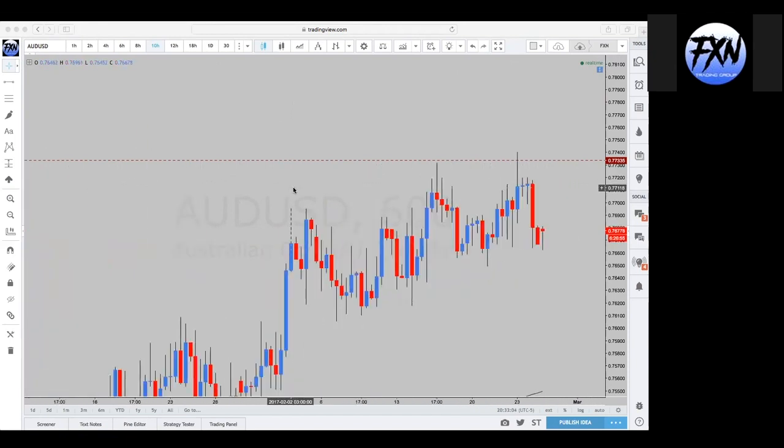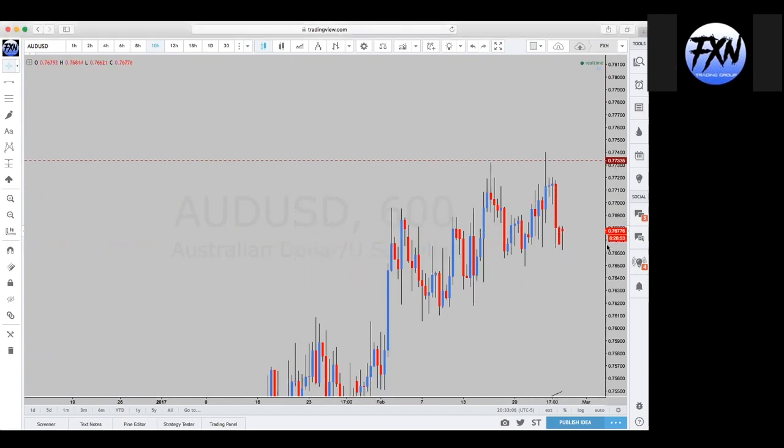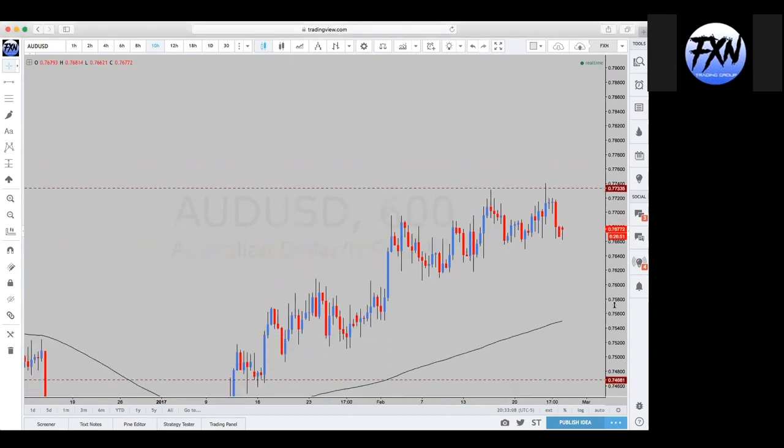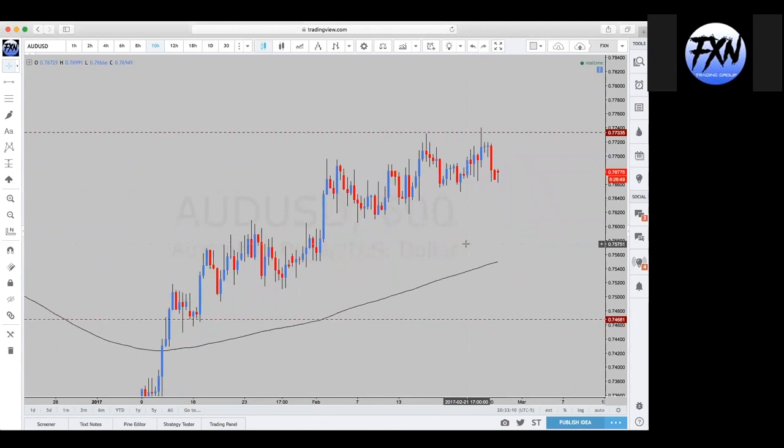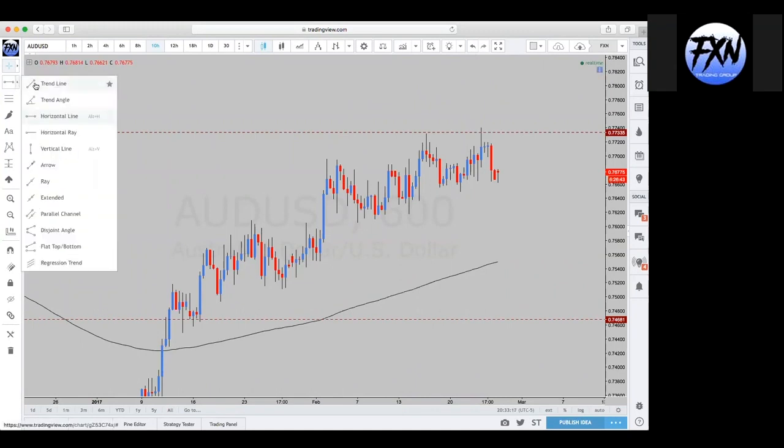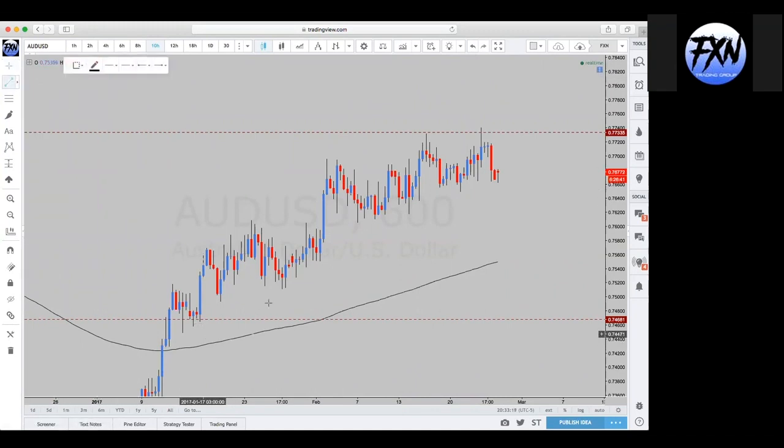So that is so far what's happening on AUD USD. Okay? Now, another thing that you can do on this is draw a trend line to kind of help you, right? So if you draw a trend line, you can basically draw it from down here if you like, and just go straight across like that. Now, if you notice, we just drew a trend line there, right?